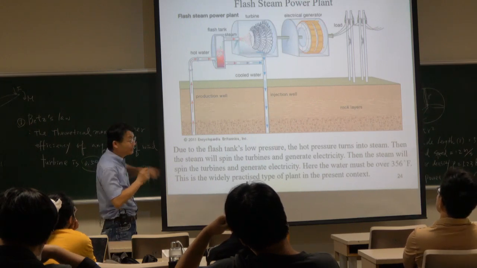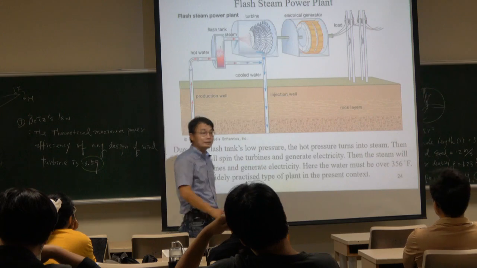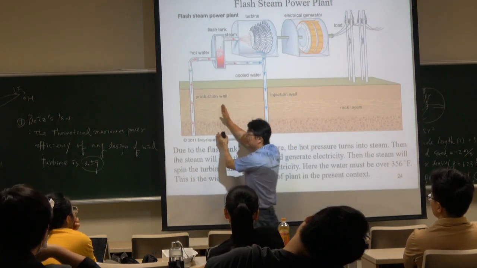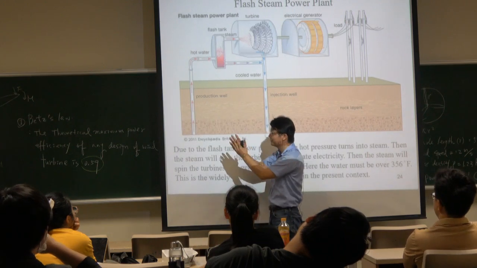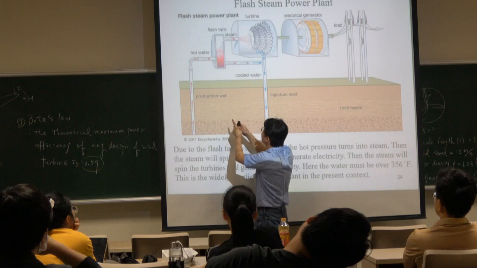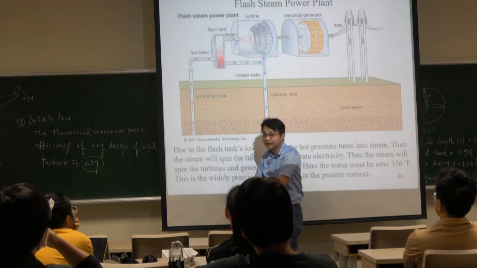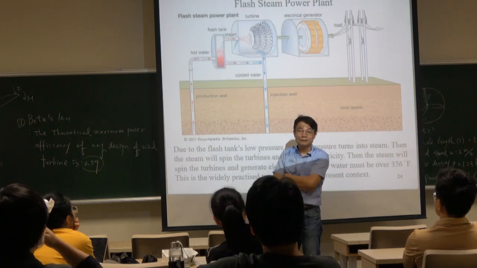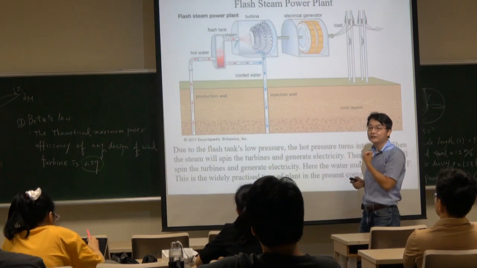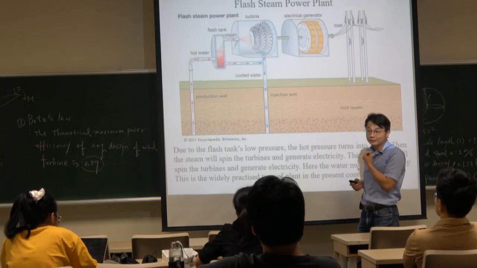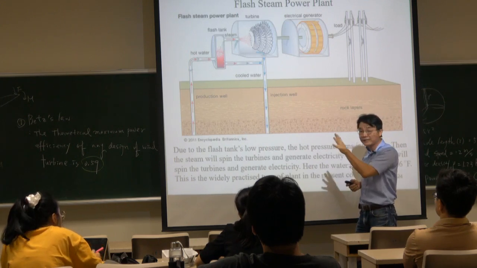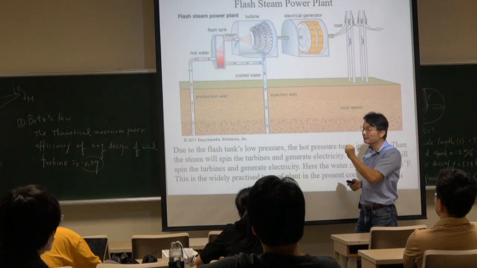This vapor can power the turbine. So therefore, you can have different temperatures. You have low pressure, middle pressure, high pressure, and you can design different kinds of flash tanks. We only need the vapor from the water, because the vapor has kinetic energy.